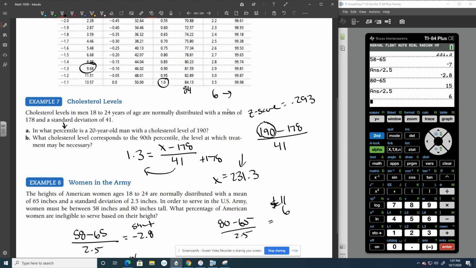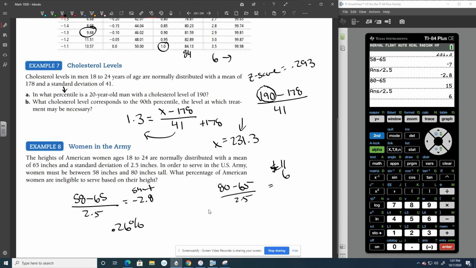To be 80 inches, there are very, very, very few people, which really isn't even going to be a percentage. We're not even going to count that percentage. So really, the percentage of American women that are ineligible is just that group that's too short, because the too tall group doesn't even exist. So we're only worried about 0.26% that are too short to enter the military.